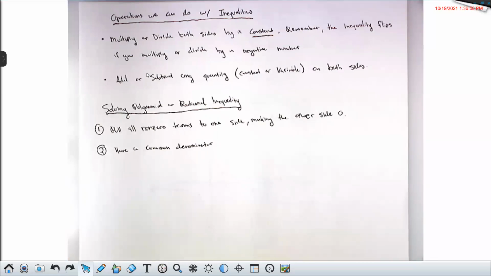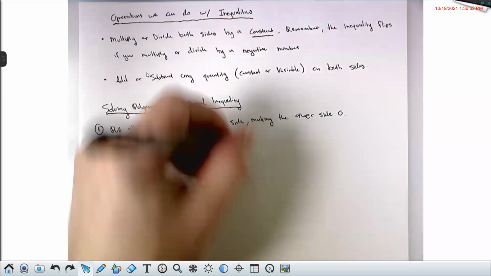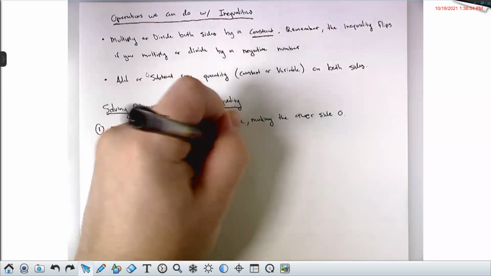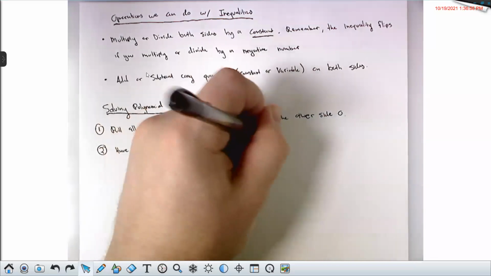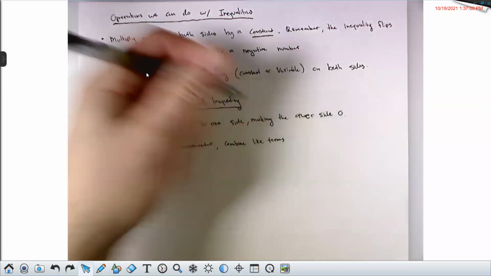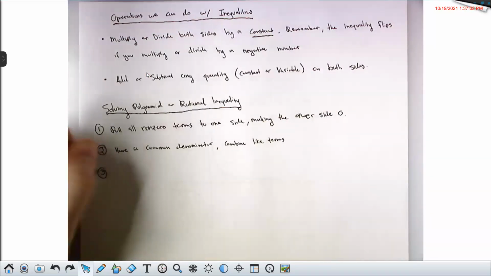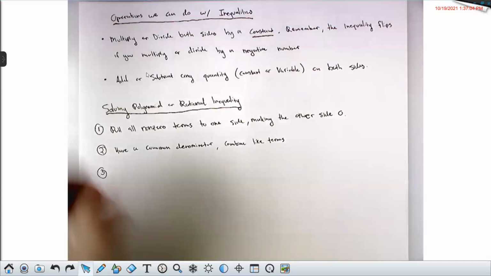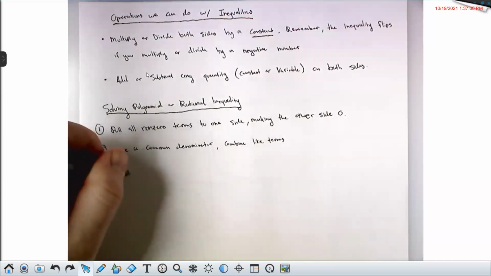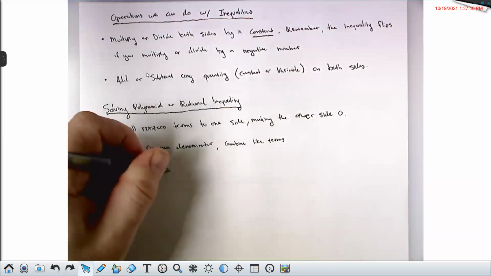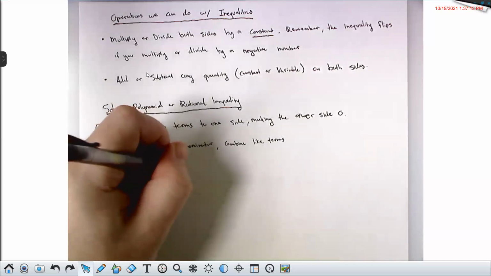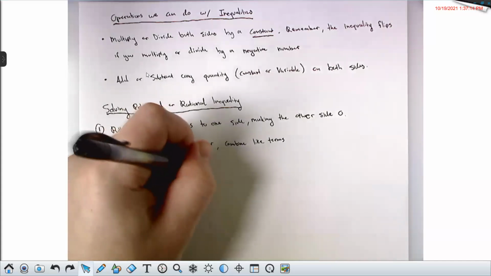Then combine all the like terms. Your next step is to factor everything. Top and bottom.